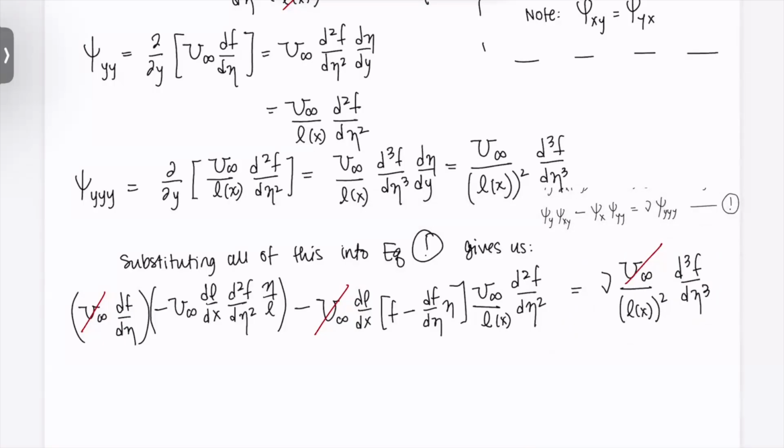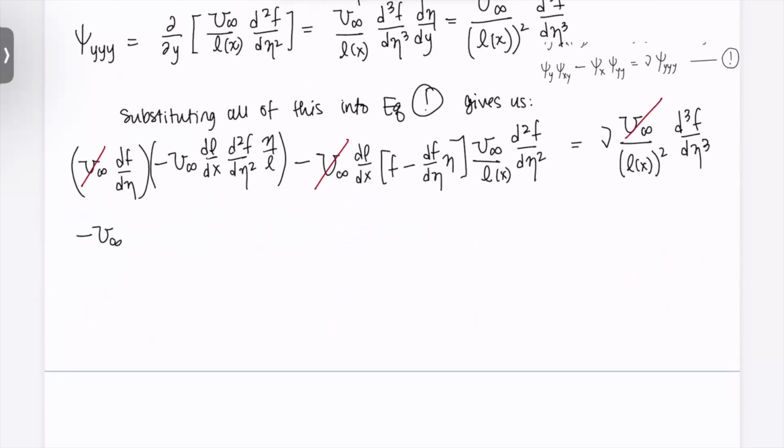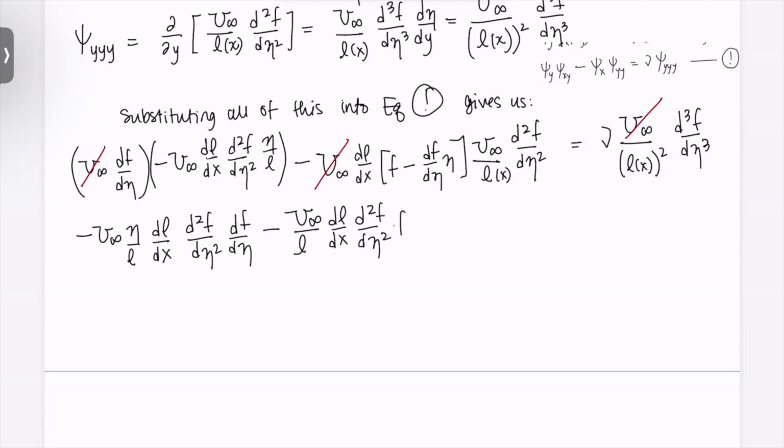Okay, fantastic. So now I'm going to rewrite what we have left. So I have minus u infinity eta over L dl dx, and then I have a second derivative of f with respect to eta times a first derivative with respect to eta, minus u infinity times dl dx, and then I have a 1 over L second derivative of f with respect to eta times f, and then plus u infinity over L times the second derivative of f with respect to eta times dl dx times df d eta times eta.